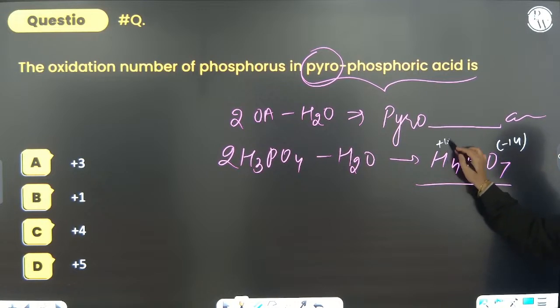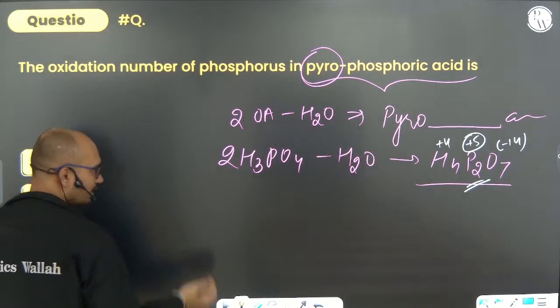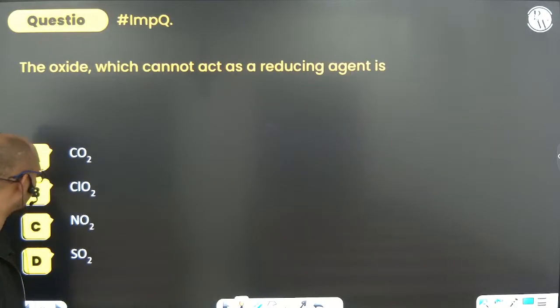Hydrogen is +4. Overall, -14 plus 4, still -10 remains. Who is balancing that -10? The 2 phosphorus, so 1 phosphorus will have +5. So the answer is +5. Not a big deal, easy to do, right? Next.